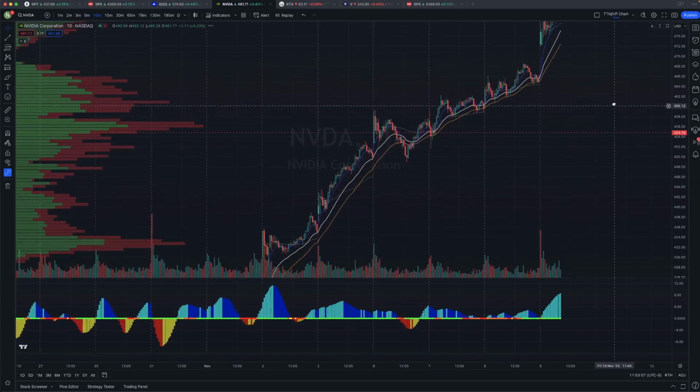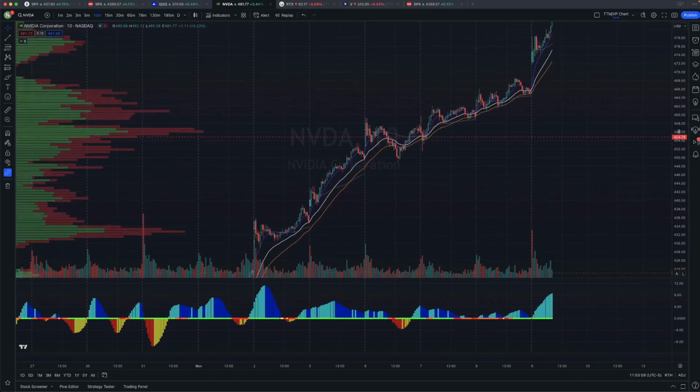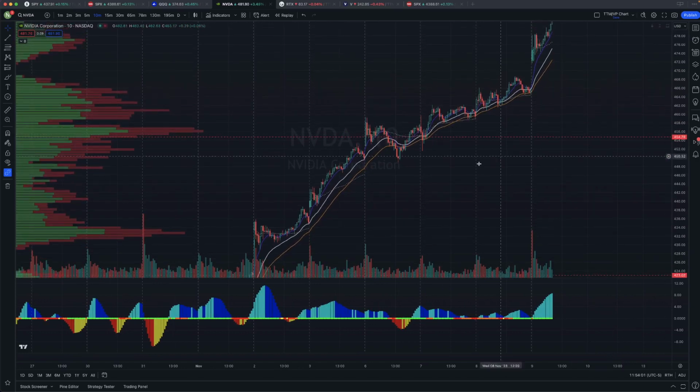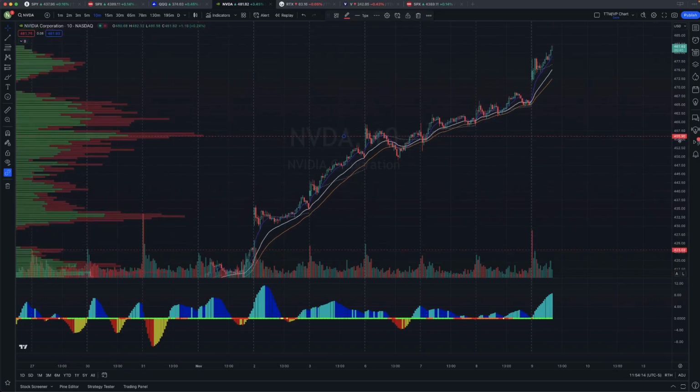That was a large volume node. Once I get into this 10-minute chart, I would adjust this ever so slightly to here. That's where I feel like I'm going to find some support if NVIDIA rolls over, and then there'll be another one here if I'm playing a shorter term chart.